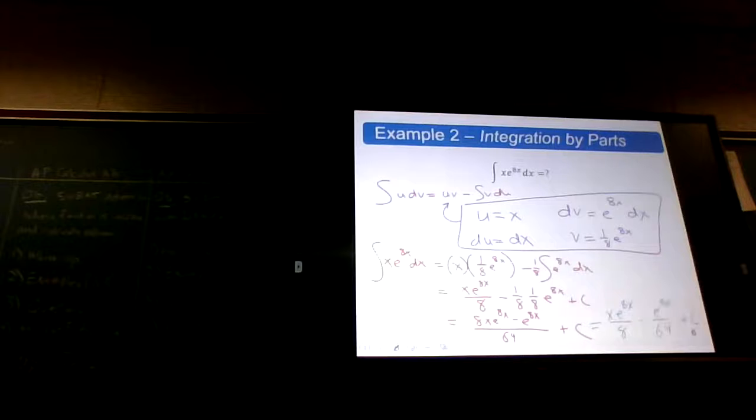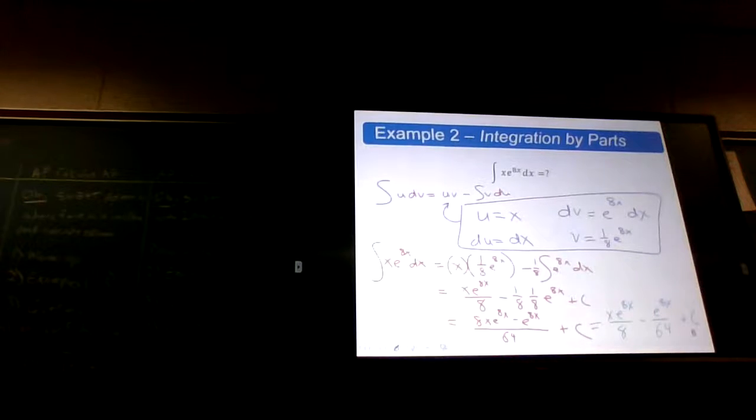Now, this part here, what do I have to do? I have to do the product rule, right? So I'm going to write 1/8 x times e to the 8x. Is that okay? Let's do the product rule on that. Ready? Derivative of the first times the second is 8 e to the 8x, plus the first times the derivative of the second, which is e to the 8x.